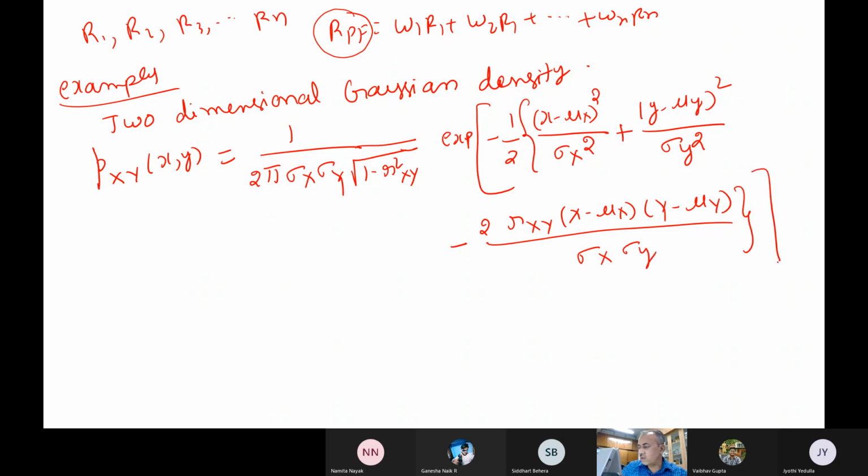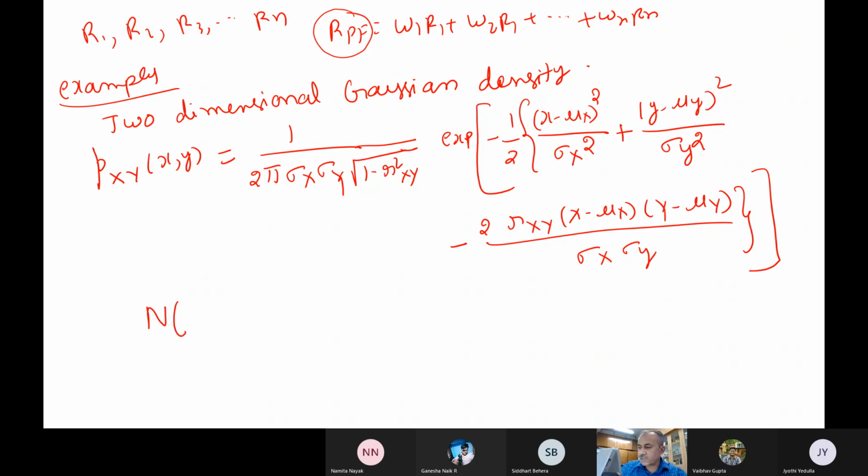So this is the 2-dimensional Gaussian distribution. Now how many parameters are there if you count? See, for the 1-dimensional Gaussian distribution, we have only mu and sigma. Now, since it is a 2-dimensional Gaussian distribution, how many parameters are there?